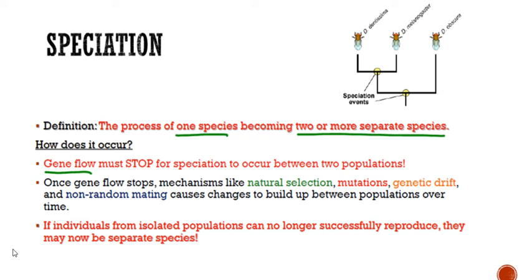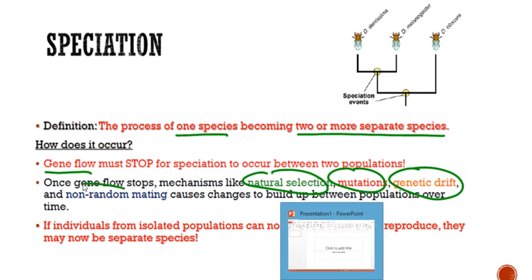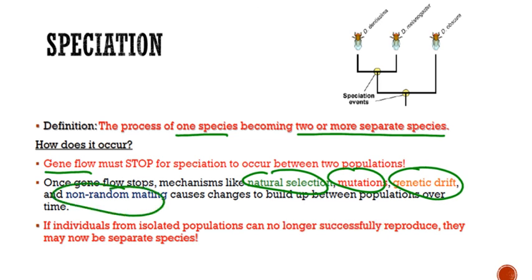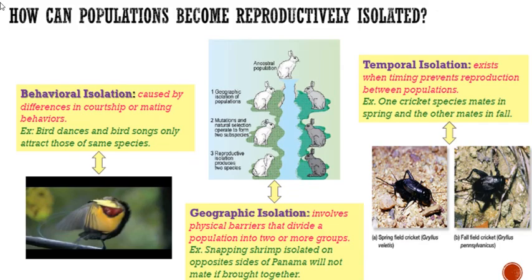And then the other mechanisms, natural selection, mutations, genetic drift, as well as non-random mating, will take over and cause changes. And when those changes become so large, and they don't reproduce amongst the populations, they will end up becoming two separate species. So if you stop interbreeding, all those differences will pick up over time.